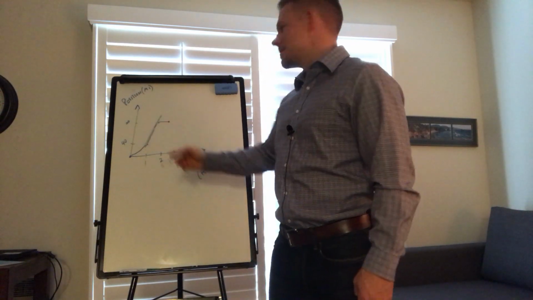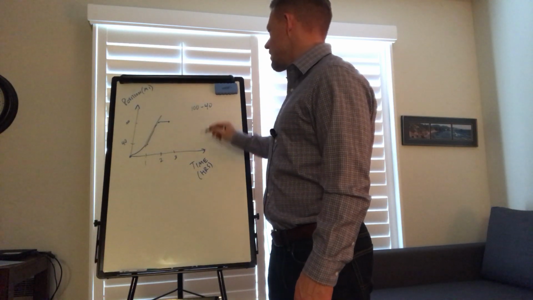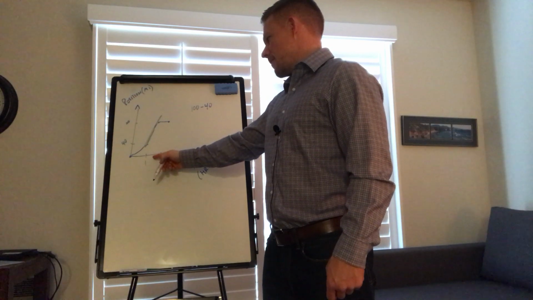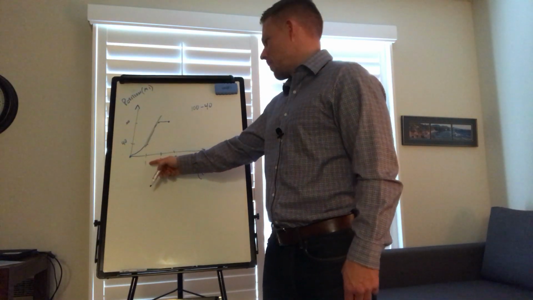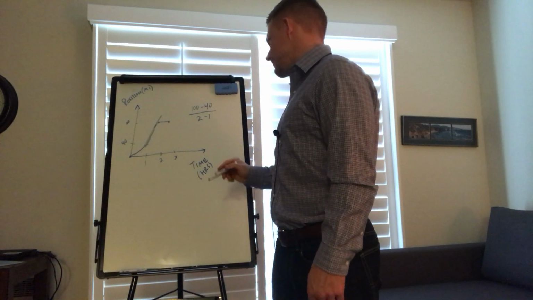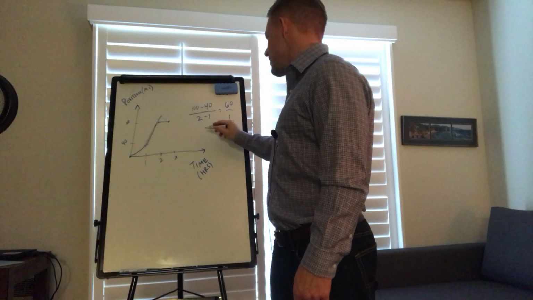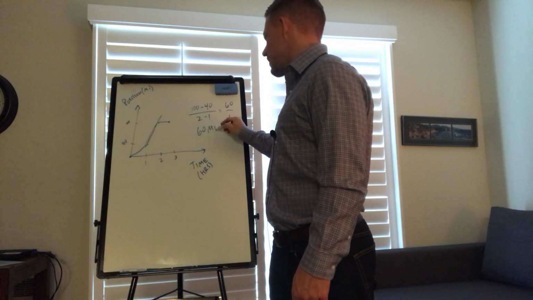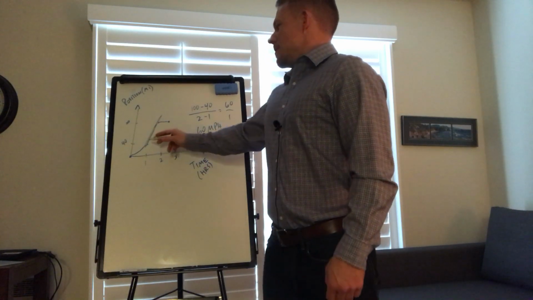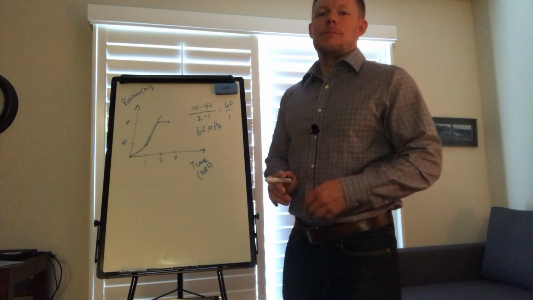So how far did we go? We went 60 miles, 100 minus 40. And we did that over the span of 1 hour because we did it from hour 1 to hour 2. So divided by 2 minus 1, which is 1. So we're left with 60 divided by 1, which is 60 miles per hour. So our average speed between time 1 and time 2 was 60 miles an hour.